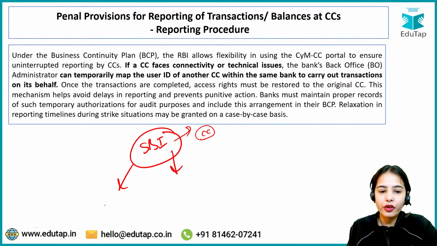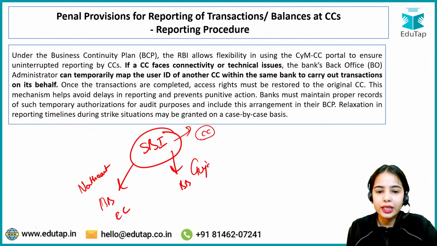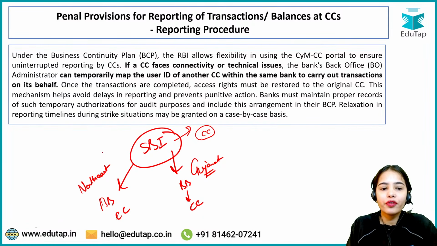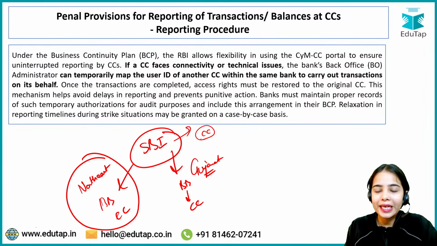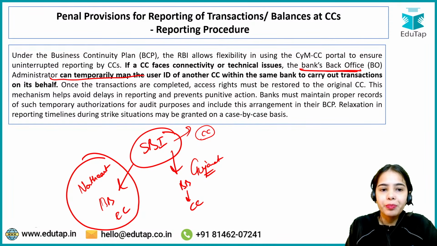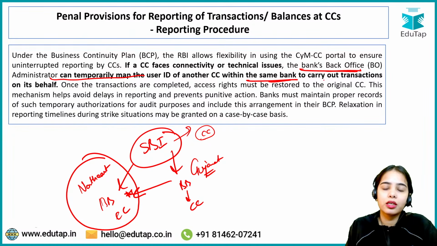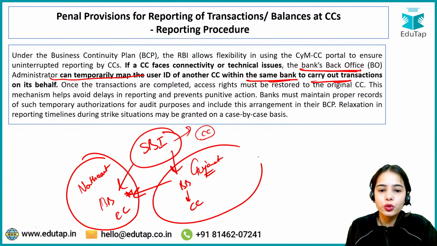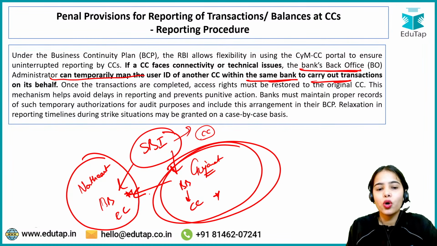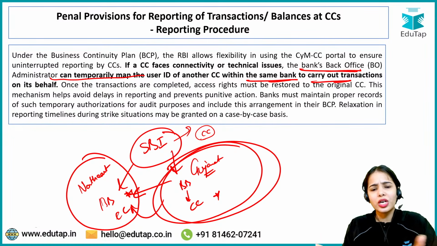Okay, so State Bank of India has a bank branch in the Northeast that is a currency chest, and the State Bank of India has a bank branch in Gujarat, let's say, with a currency chest. So if a currency chest is facing connectivity or technical issues, the bank's back office administrator can temporarily map the user ID of another currency chest with the same bank to carry out transactions. The Gujarat branch currency chest could operate on behalf of the Northeast, or not Gujarat because it is very far off.